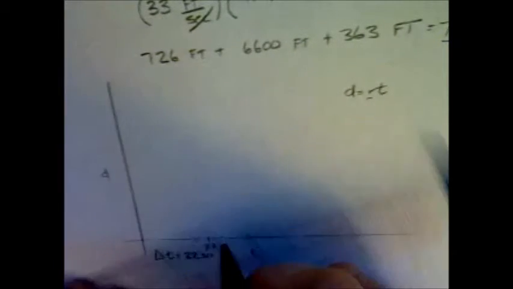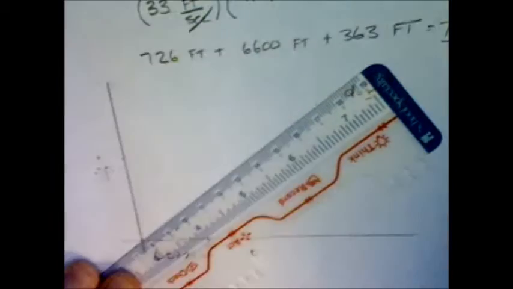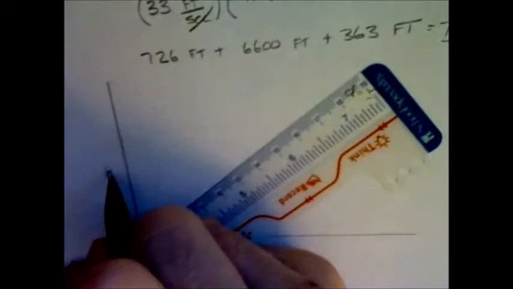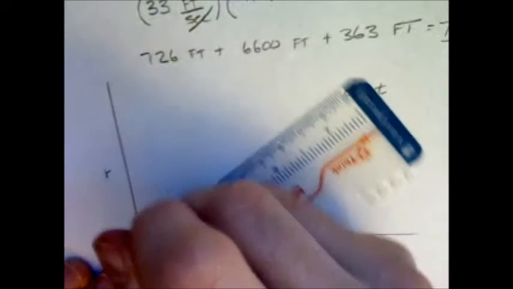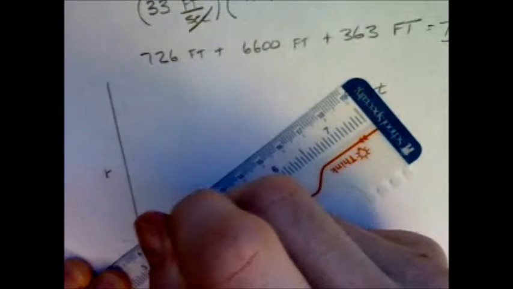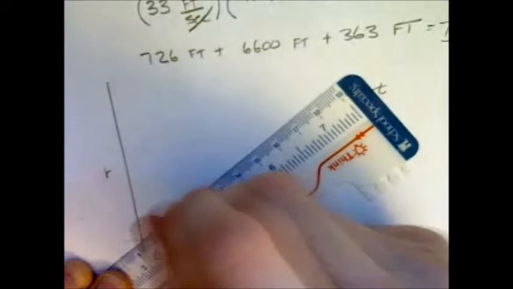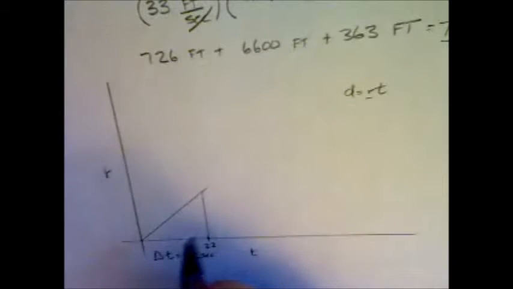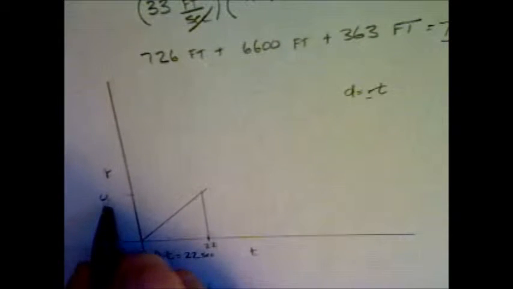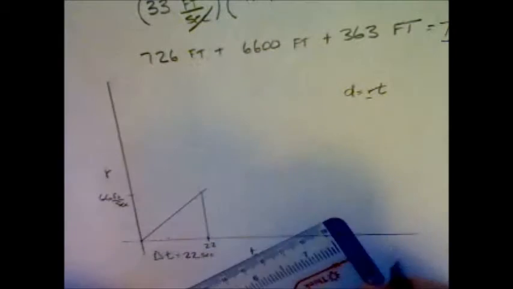Over 22 seconds, I accelerate. I'm sorry, it's not d. I'm confusing you. This is rate. Okay. And so I'm going to accelerate up here to 66 feet per second. Okay.